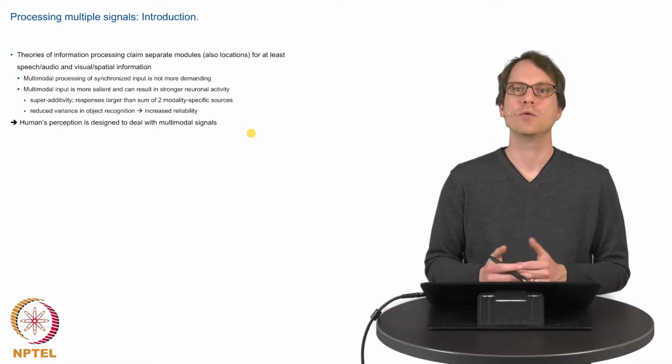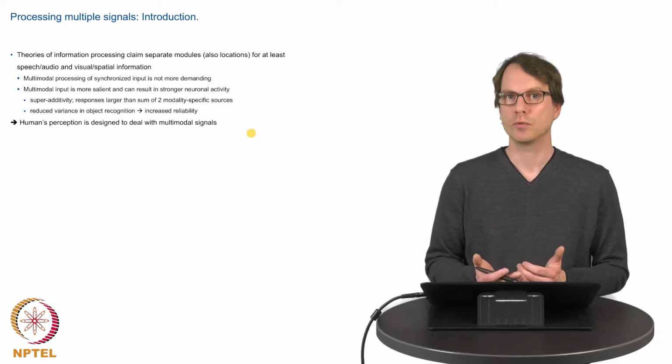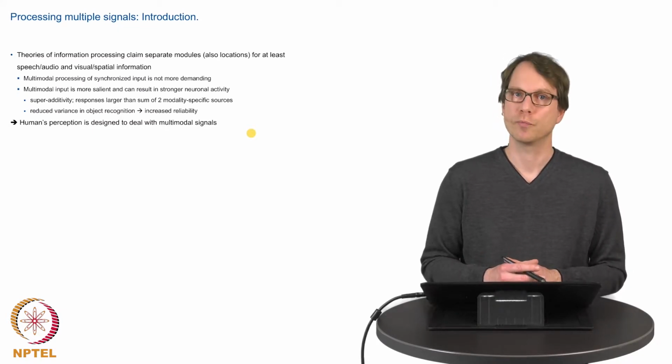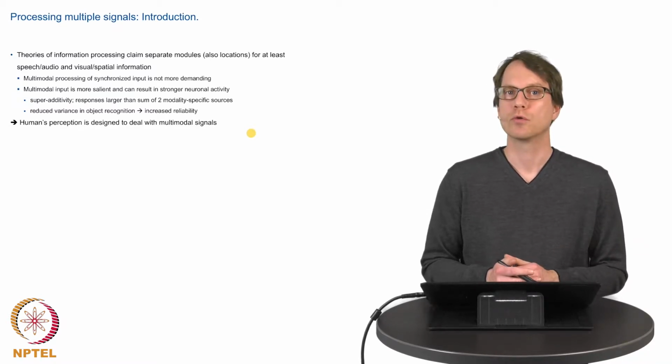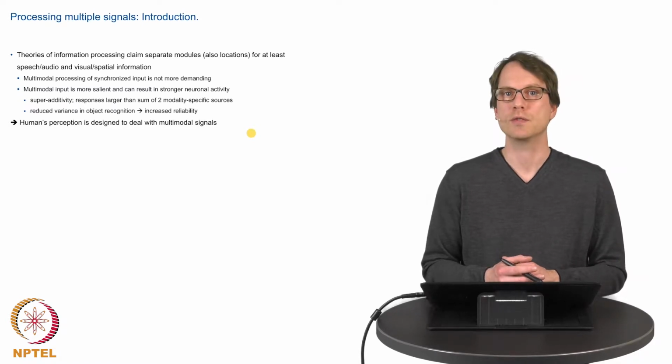Actually, if we encounter information from several channels, this input can be more reliable and more salient for us. This means it helps us to focus our attention on it and process this information more easily, for example, to recognize certain objects.